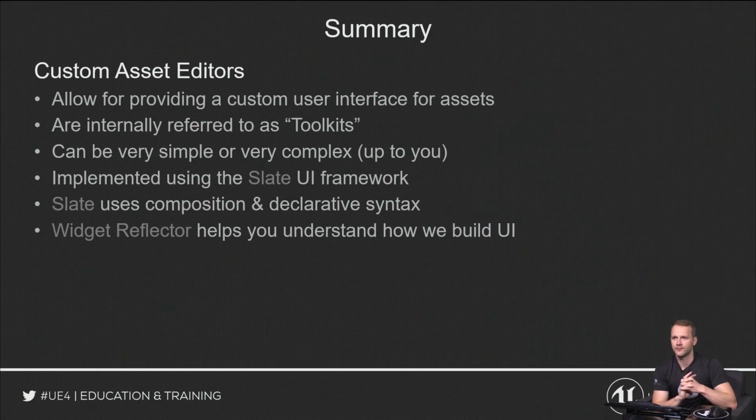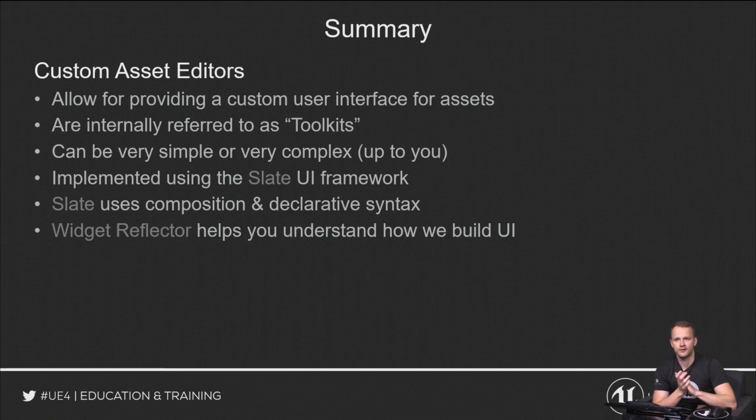So here's a quick summary. Custom asset editors allow you to replace the user interface for your custom asset types. Instead of showing the standard details panel, you can show whatever user interface you wish. And the internal name for asset editors is toolkits. So when you search the code, you will see toolkit a lot instead of asset editor.